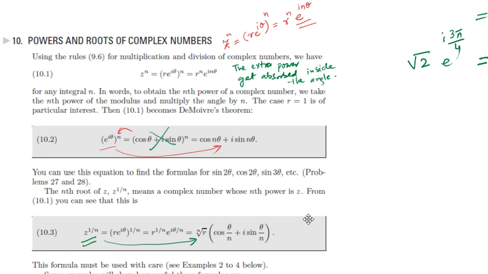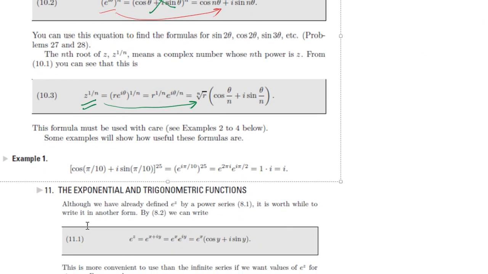A typical example, a very simple example is given here. You are given this kind of thing, that you have to evaluate e to the power iota pi over 10 raised to the power 25.